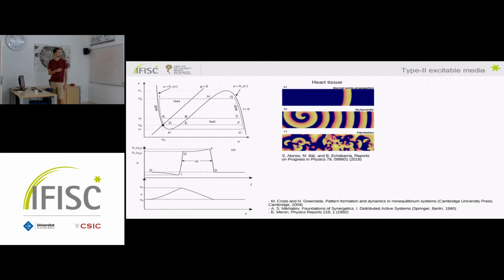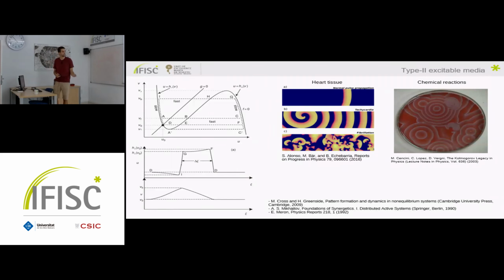For example, tachycardia in the case where there's pulse instability in a spiral, or when these pulses break and go to a turbulent regime, we will have something like this that could be associated with fibrillation. It has also been used in other kinds of systems, for example, chemical reactions. Some kinds of chemical reactions have behaviors that can be explained with this.